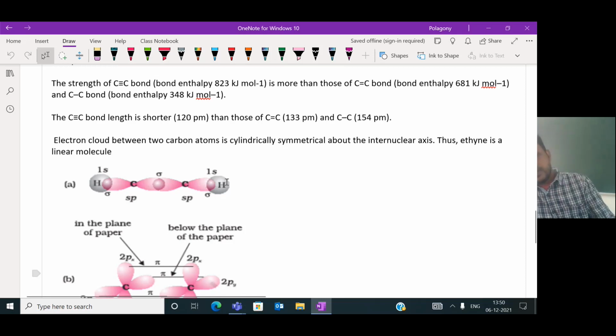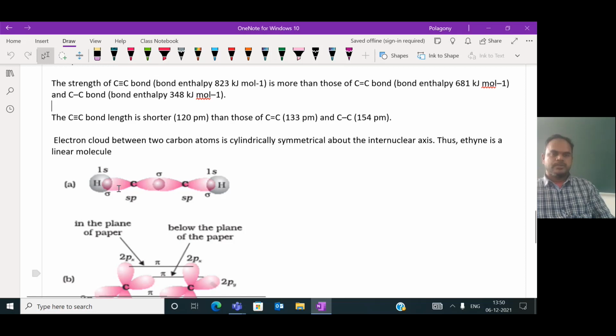The 1s orbital of hydrogen overlaps with an sp orbital of the carbon, and an sp orbital of one carbon overlaps with an sp orbital of the other carbon. This is end on end overlap, resulting in one sigma bond, and the other sp orbital of the carbon overlaps with the 1s orbital of hydrogen. So how many sigma bonds?